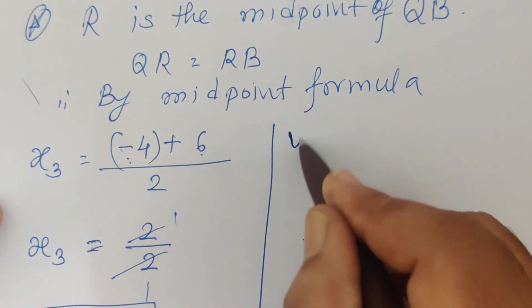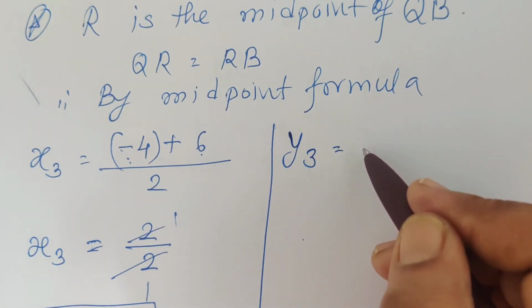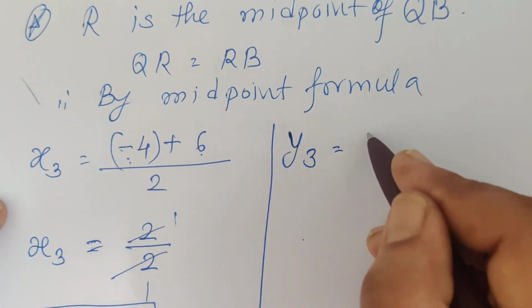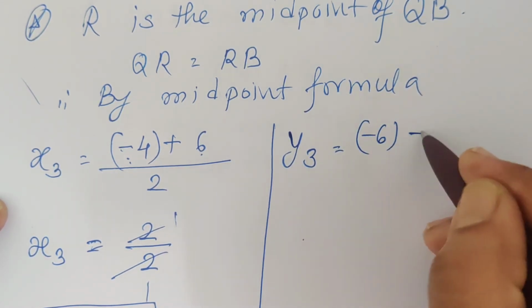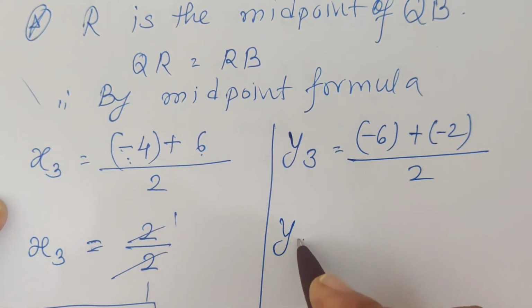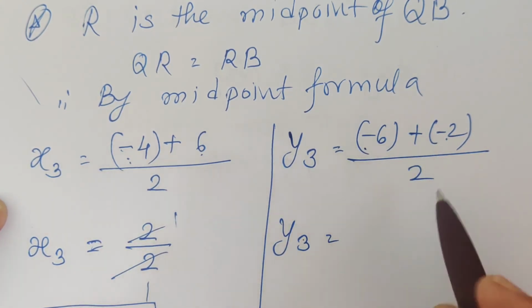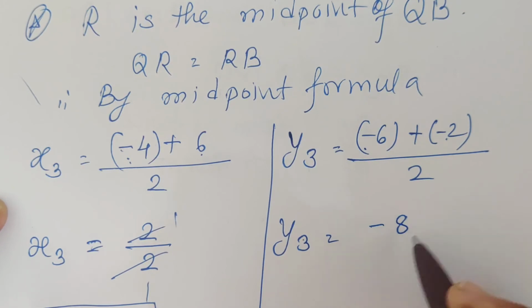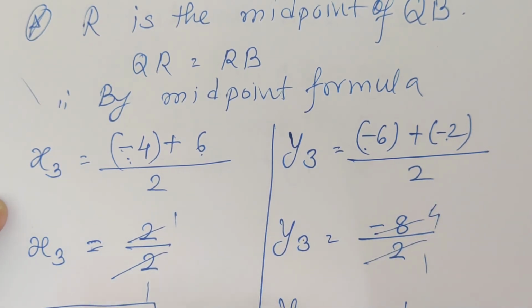Similarly for y3 is equal to -6, y coordinate of the Q, plus -2, divided by 2, and so y3 is equal to minus minus plus, for answer minus sign, and that is -8 upon 2, and so you will get y3 is equal to 2 ones are 2, 2 fours are 8, that is -4.